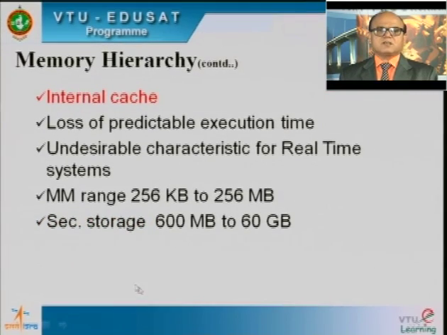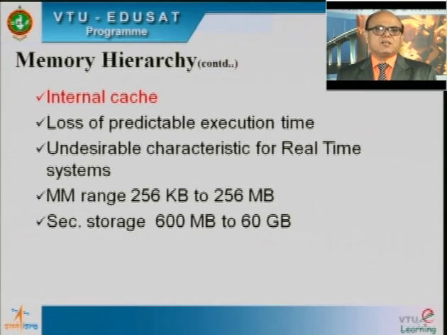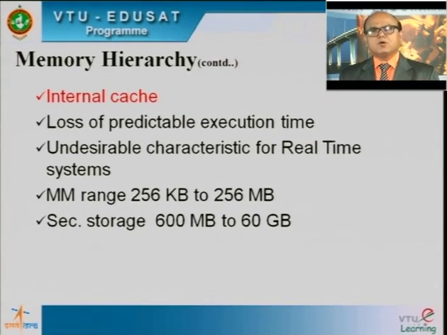However, whenever the internal cache is used in embedded systems, we lose the predictability of the execution time. If the data is not immediately available in the cache, it is necessary to fill the cache from the main memory, so the time taken to fetch the data to the processor will increase.